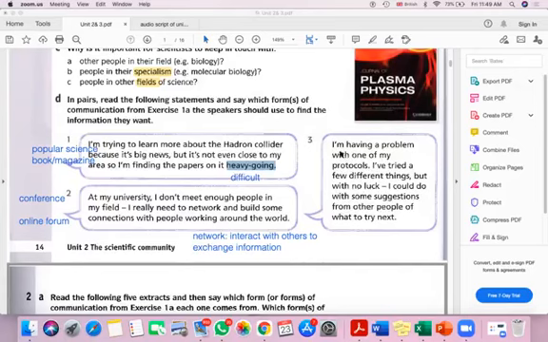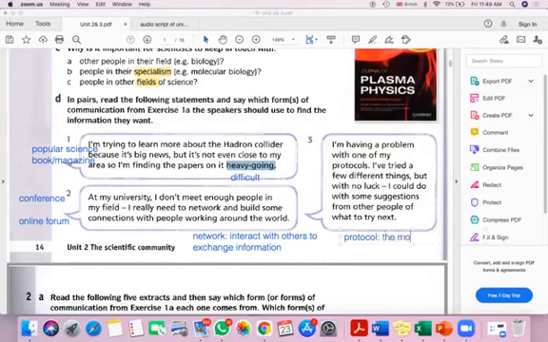Number 3, I am having a problem with one of my protocols. What is the meaning of a protocol? A protocol is the method followed when doing a scientific experiment, right?